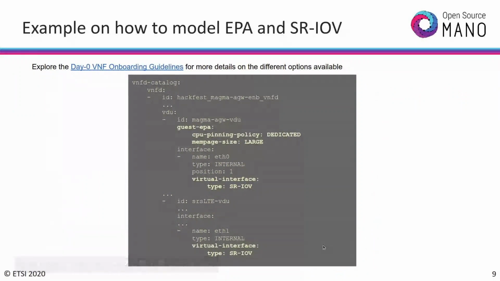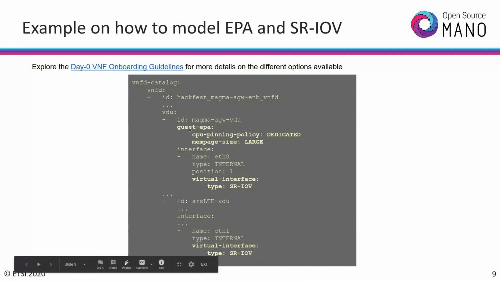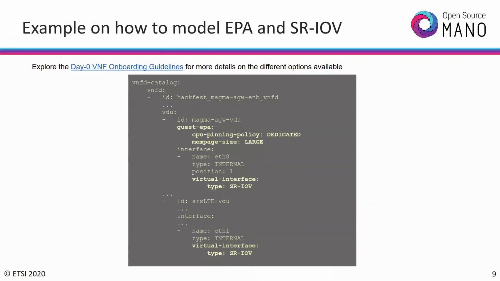So what are the changes that we require to enable all these techniques? We have a property in the VDU called guest EPA. This is the place where you configure most of the features. For example, CPU pinning policy dedicated would mean that this machine would be assigned CPUs that will be fixed. Mem page size large would mean that this machine will use huge pages.